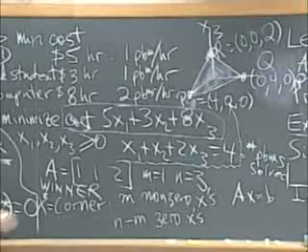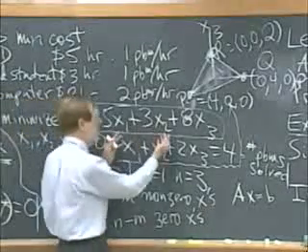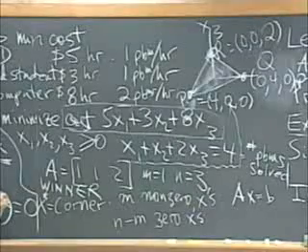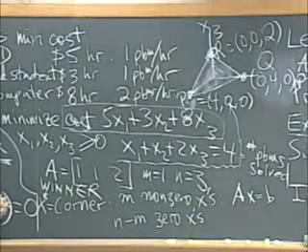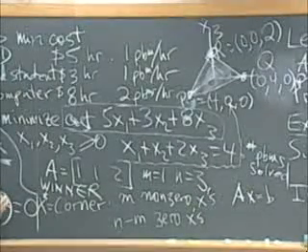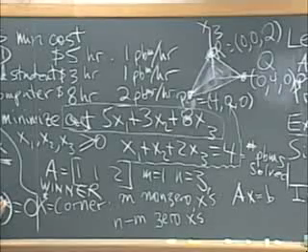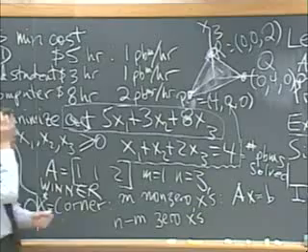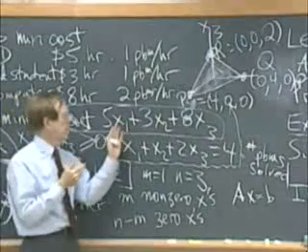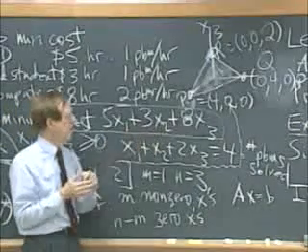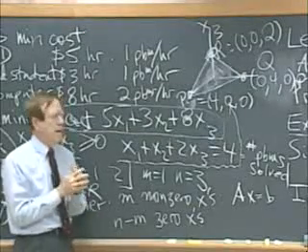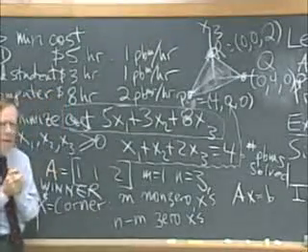But suppose I look at the equation 5x1 plus 3x2 plus 8x3. I don't even know if I could spend $1 million. But anyway, suppose I look at the x's that give me a cost of $1 million.